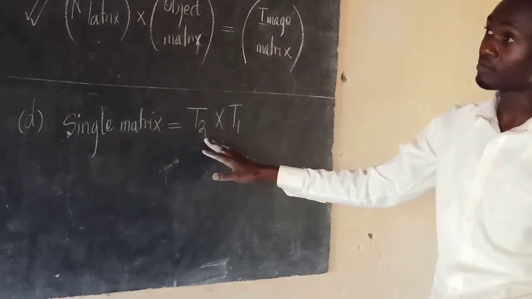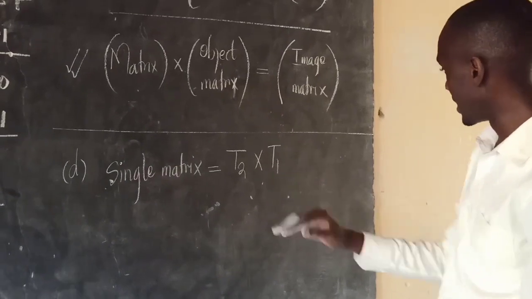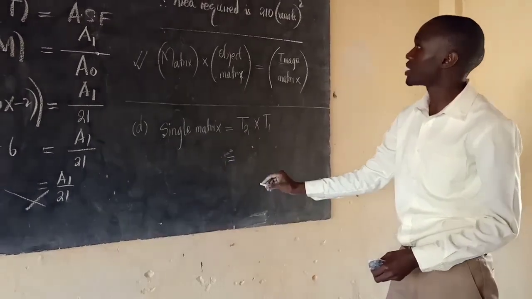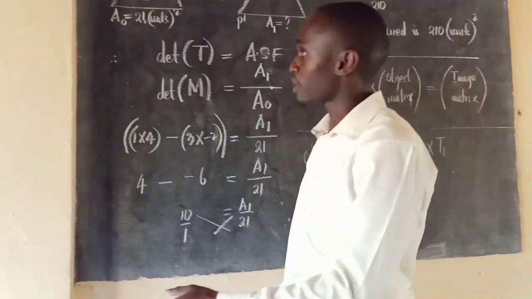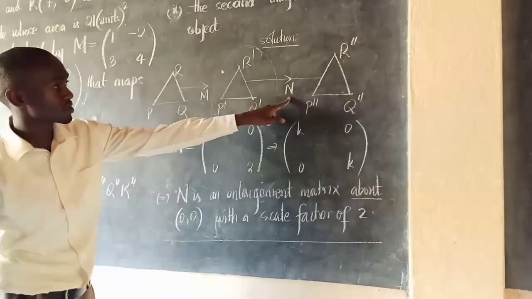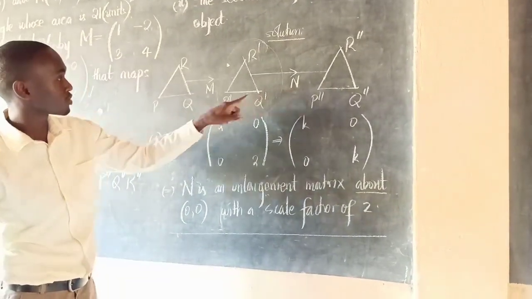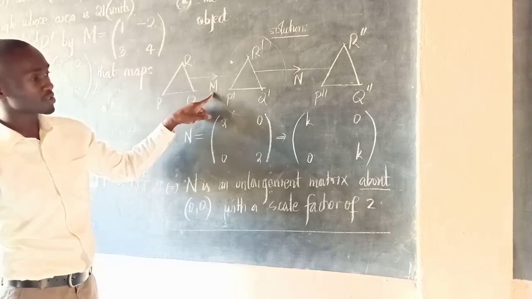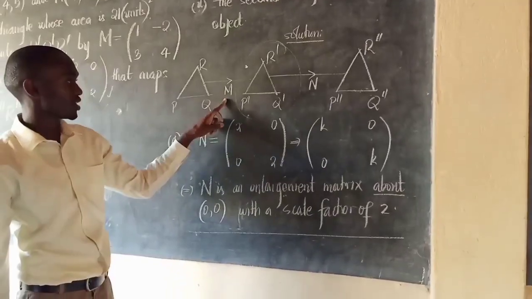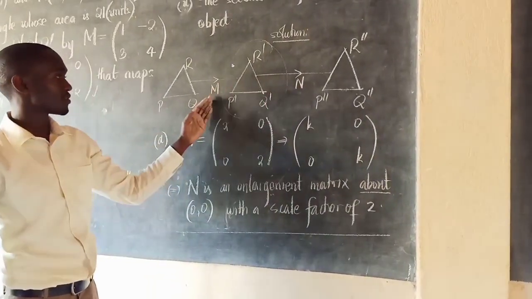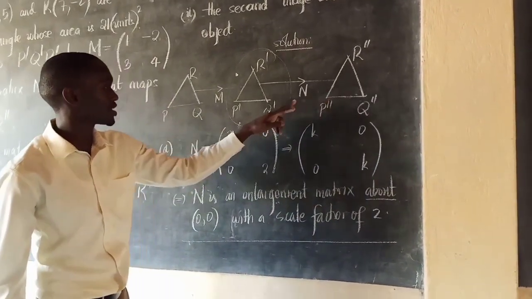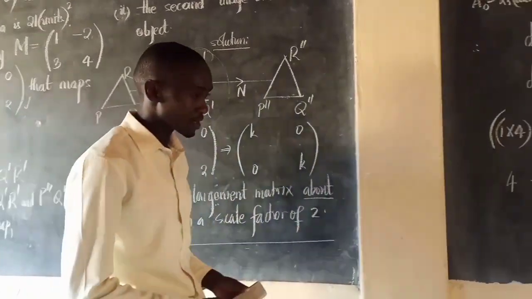This is the one that maps us from the object directly onto the second image. Our T2 is the matrix N, and matrix M becomes T1. So, the single matrix will be N times M. Last matrix times the first matrix, in the movement from the object directly to the second image.